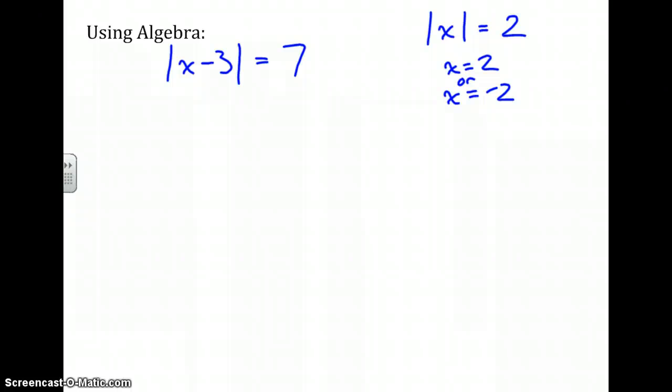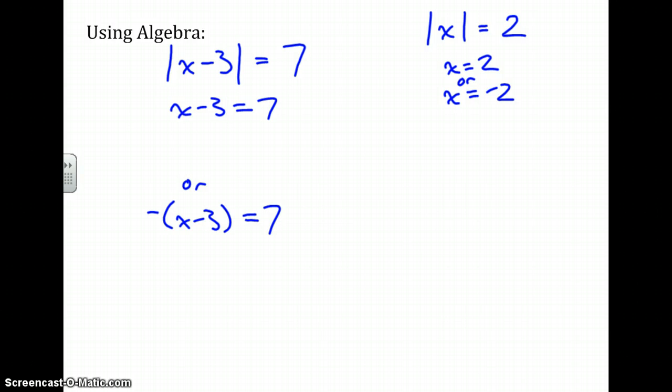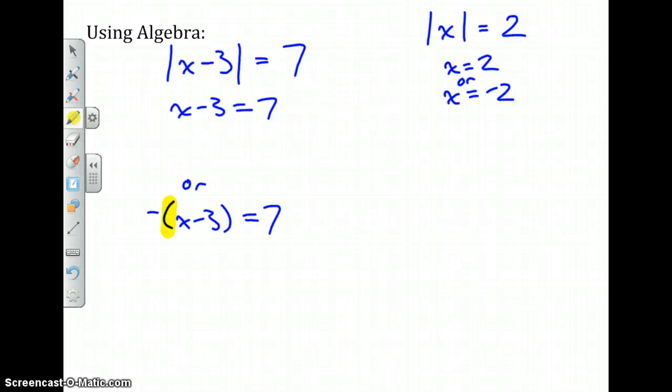We know that x minus 3 must equal 7, or -(x minus 3) could equal 7. The key is to make sure that you put brackets around that, because that negative sign is going to distribute.